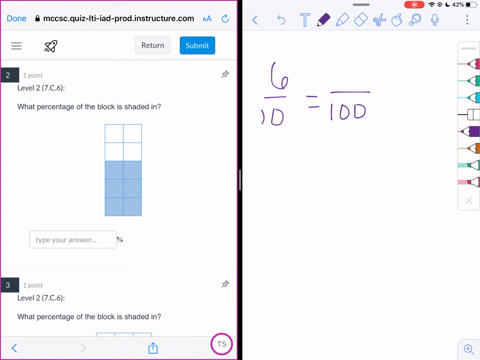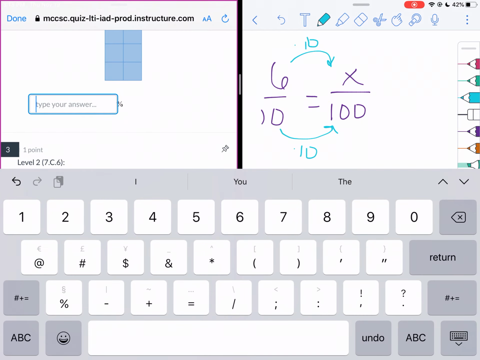Because percent means per 100. Well, 10 times 10 gives us 100, so 6 times 10 would give us 60, so 60%.